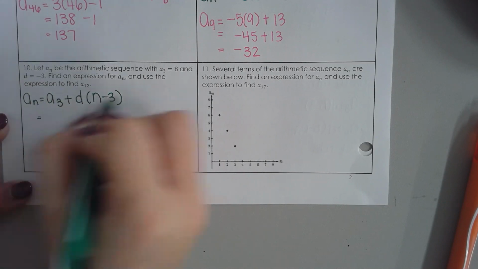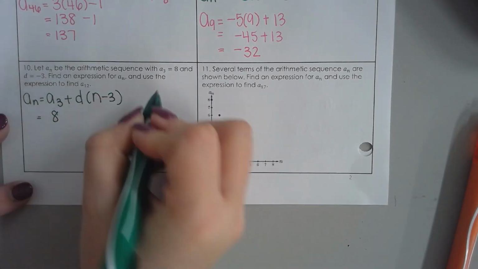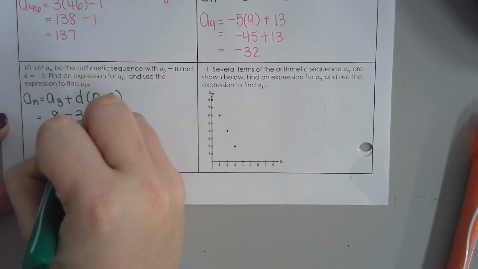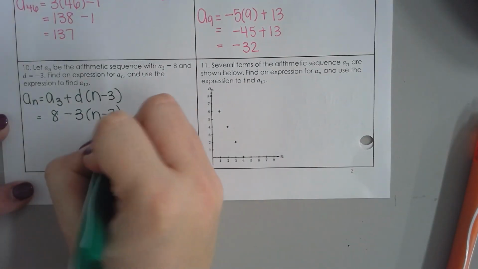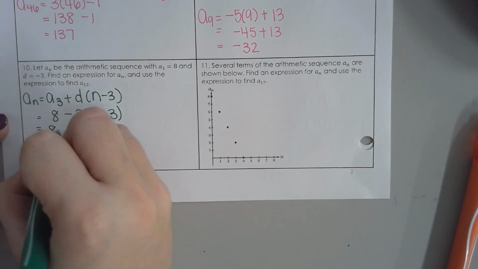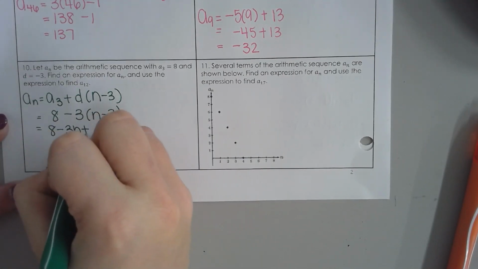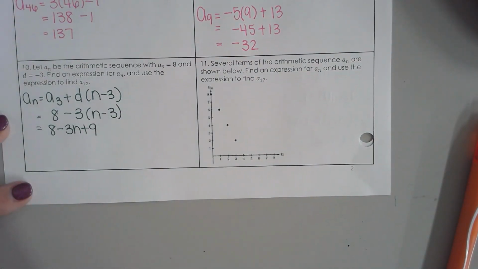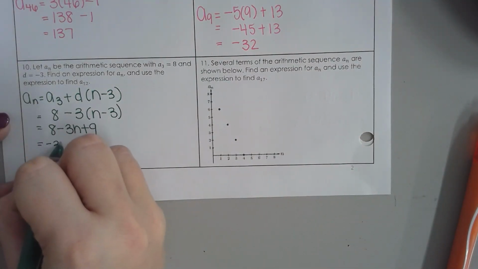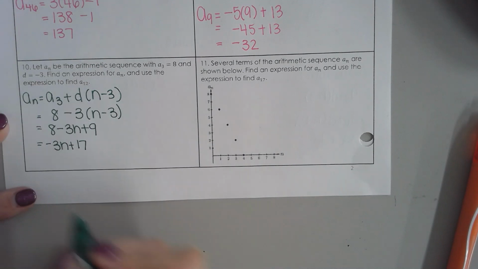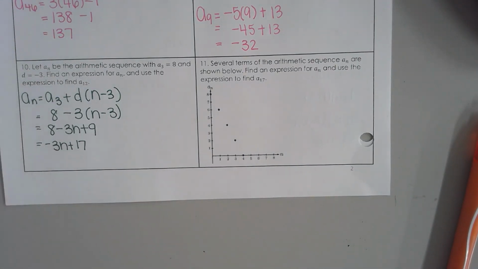So a3 we know is 8. We know my common difference is -3, times n minus 3. And I distribute. So I get a_n equals -3n plus 17.